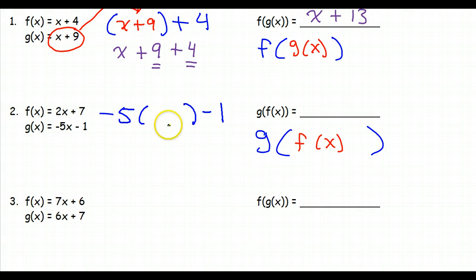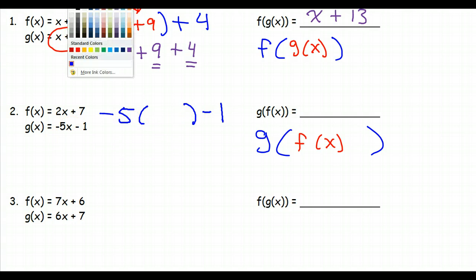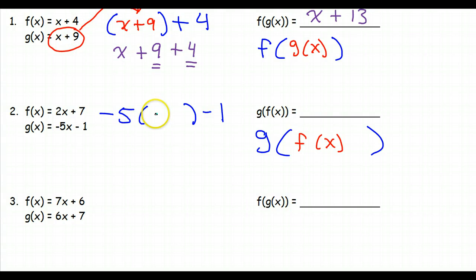I just wrote the function down, but instead of putting an x, I put a parentheses instead. Now inside the parentheses goes function f. And so here's function f right here, and I'm going to substitute that in. Notice I don't have any x's here so far. This x is a parentheses now, and so I will substitute the 2x plus 7 in there.